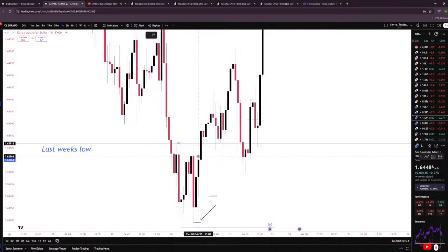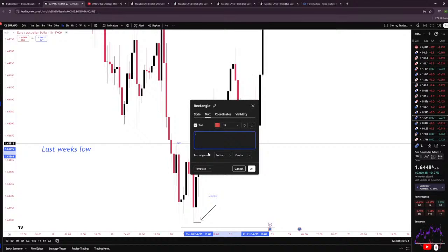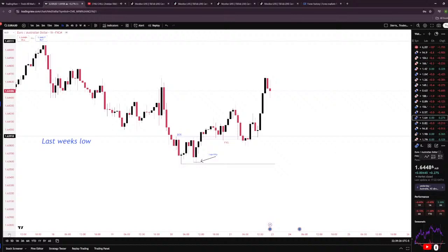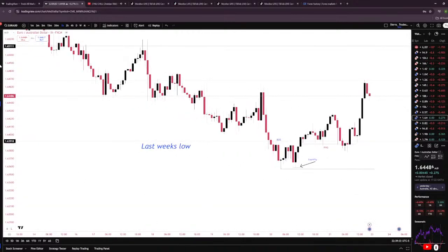So price left a fair value gap here. And that's our entry.